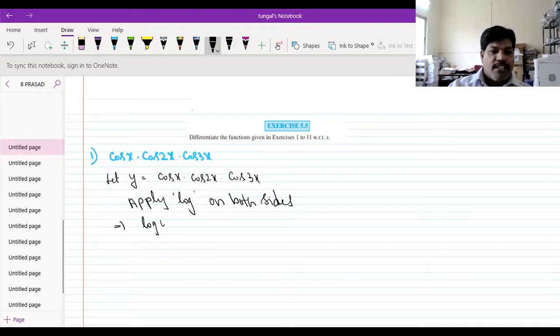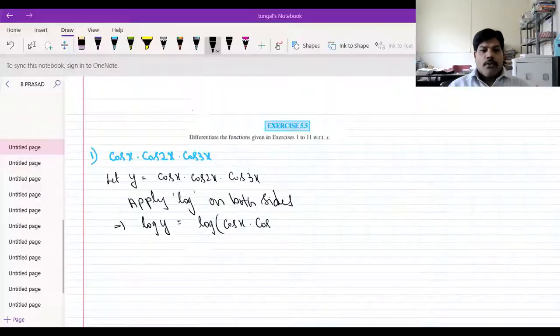Log y is equal to log of cos x into cos 2x into cos 3x. So already you know the formula, students.